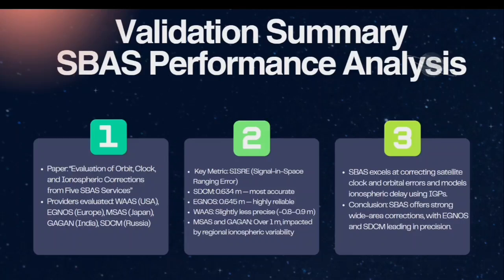This paper shows that SDCM is the most accurate while EGNOS is highly reliable, with 0.634 meter and 0.645 meter respectively. WAAS is slightly less precise at 0.8 to 0.9 meter, and MSAS and GAGAN are over 1 meter, impacted by regional atmospheric variability. SBAS excels at correcting satellite clocks and orbital errors and modeling atmospheric delay using IGPs. In conclusion, SBAS offers strong wide-area correction, with EGNOS and SDCM leading in precision.